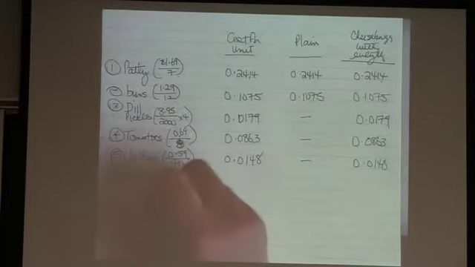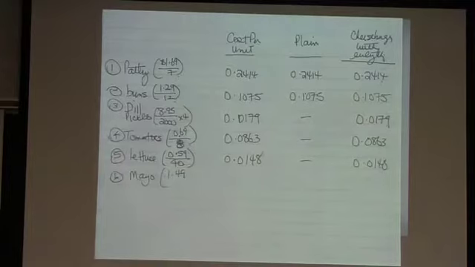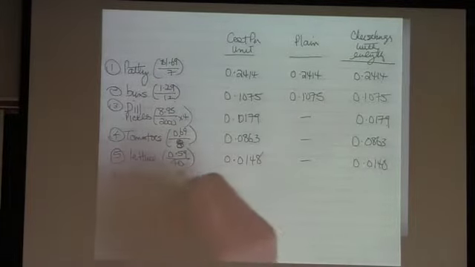Then mayonnaise. The jar is $1.49, and we're told that it's a 16-ounce jar, and 1/4 ounce of the mayonnaise is placed on a hamburger. So we're going to take 16 ounces times 4.